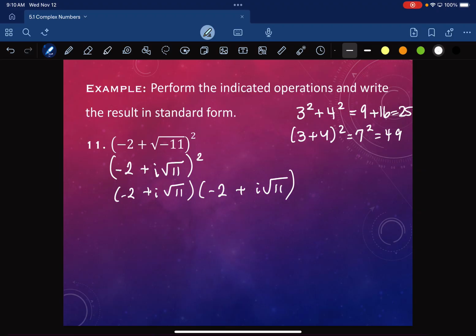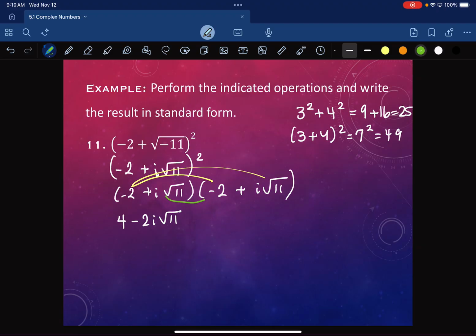So we do have to do what Deacon mentioned. After we get this written out, we're going to FOIL. So when we multiply our first terms together, -2 times -2 is 4, right? My outer terms actually will end up meaning there's going to be a radical still here, right, Keith? Yeah. So I'm going to get a -2i√11 when I multiply the -2 times the i√11.